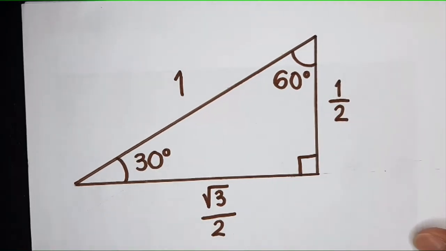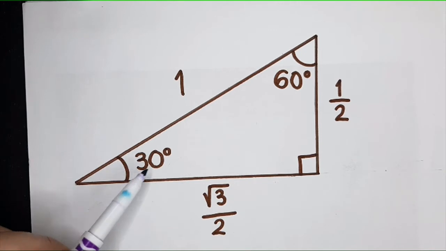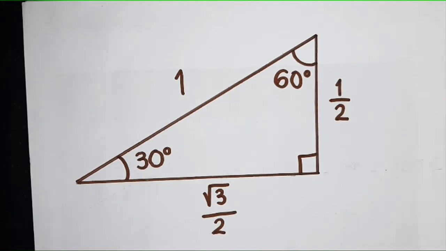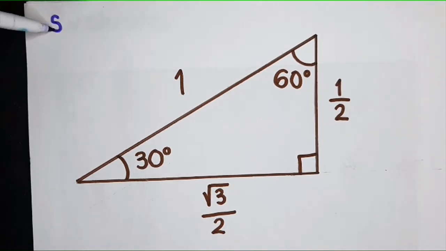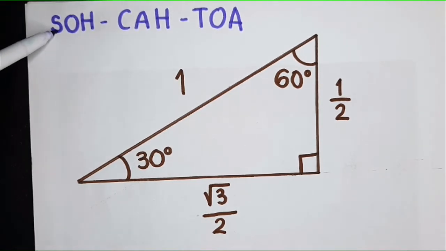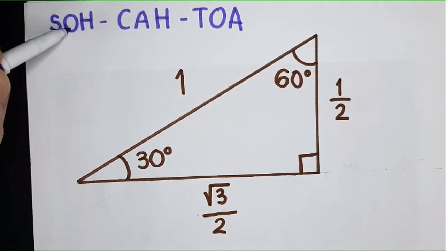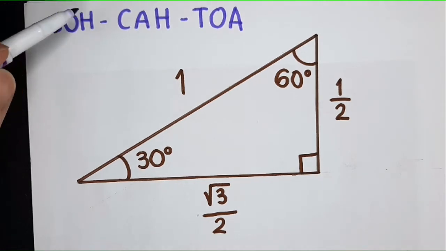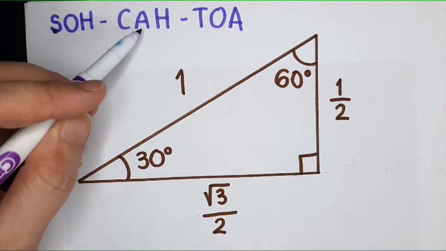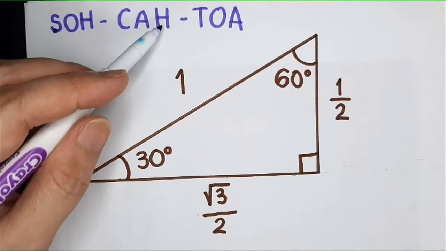Okay? So, you may want to recall the 30, 60, 90 triangle. And then, you may want to recall also the SOHCAHTOA. Anong ibig sabihin ng SOHCAHTOA? Sine of the angle is equal to opposite over hypotenuse. Cosine of the angle is equal to adjacent over hypotenuse.